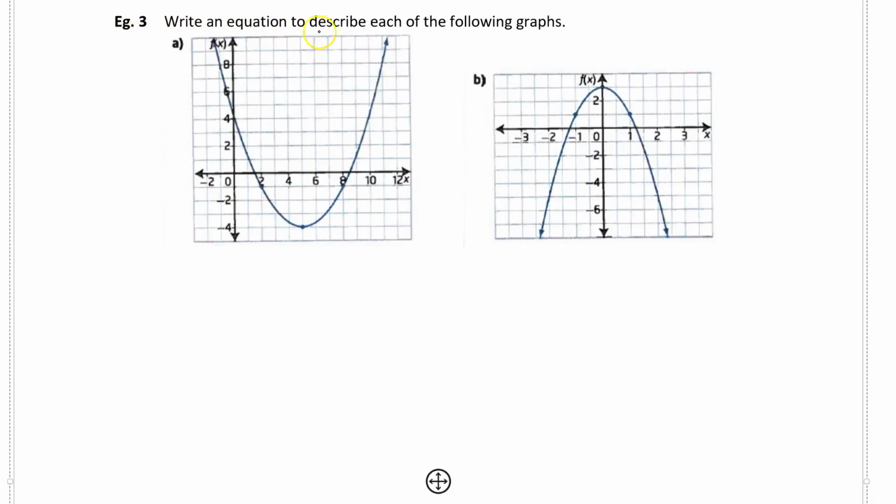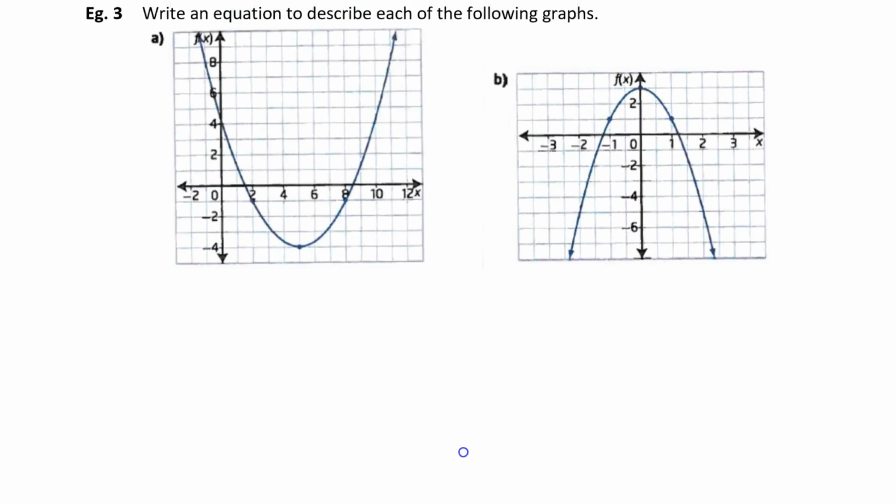Example 3, write an equation to describe each of the following graphs. So here are the steps that you're going to take in order to do that.